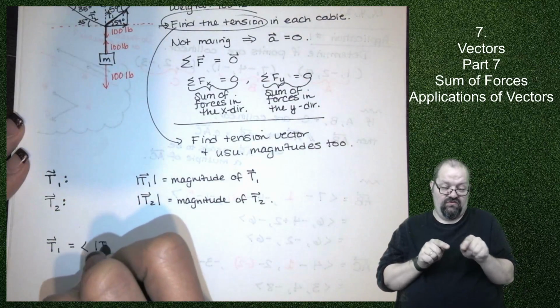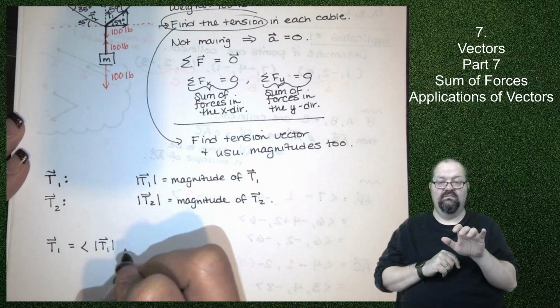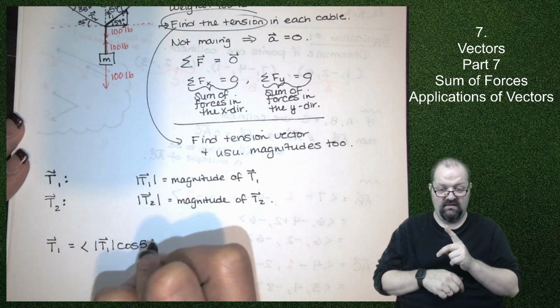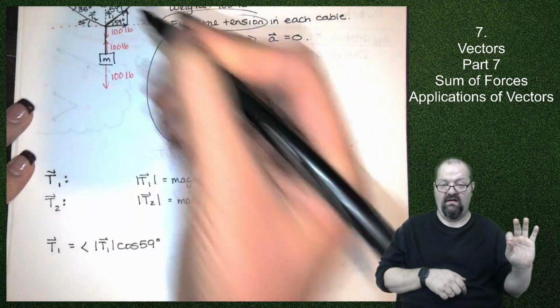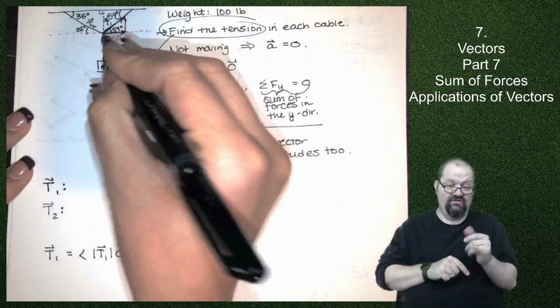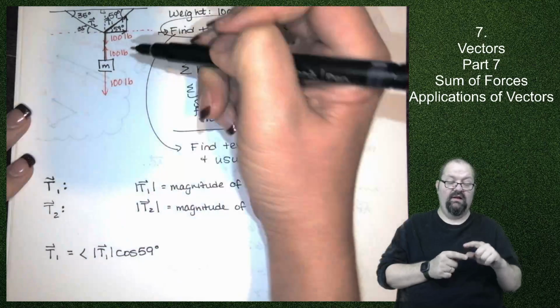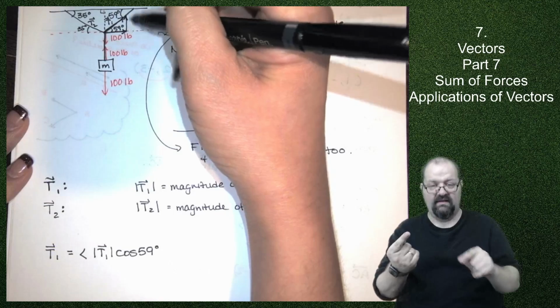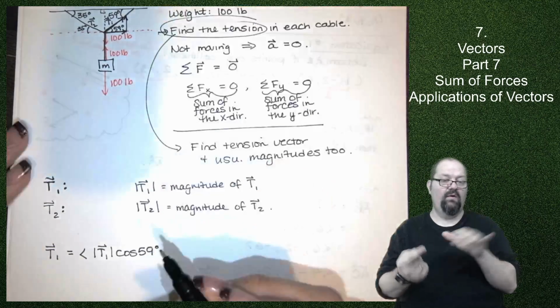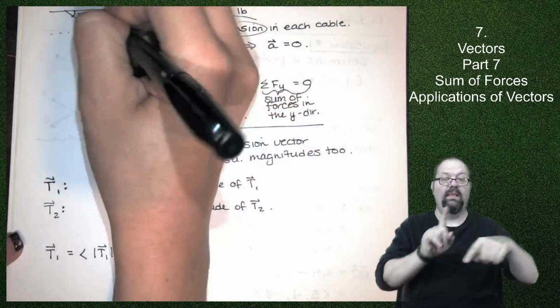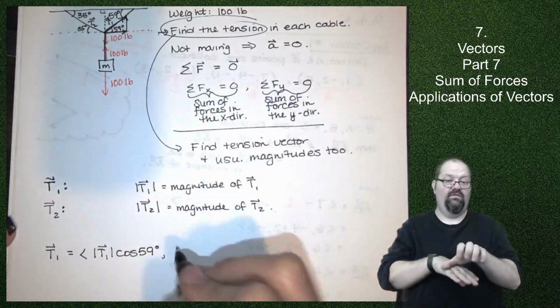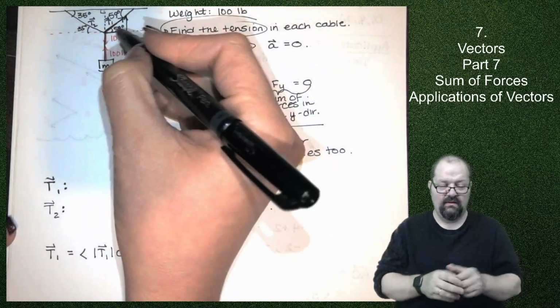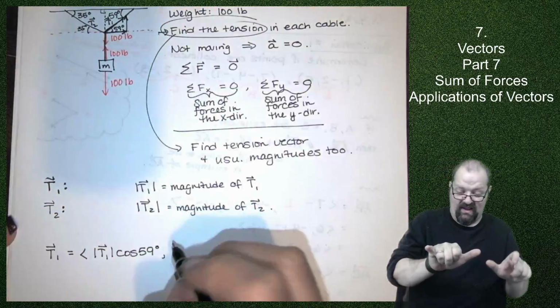It's going to be whatever the magnitude is, which I don't know, times cosine of 59. The adjacent side gets the cosine. It's in the positive x direction, so this is going to be positive. And then opposite the 59, I get the sine. That's the y component, and it's going in the positive y direction. That's one force acting on the system, broken up into its component parts, the magnitude times cosine and the magnitude times sine.